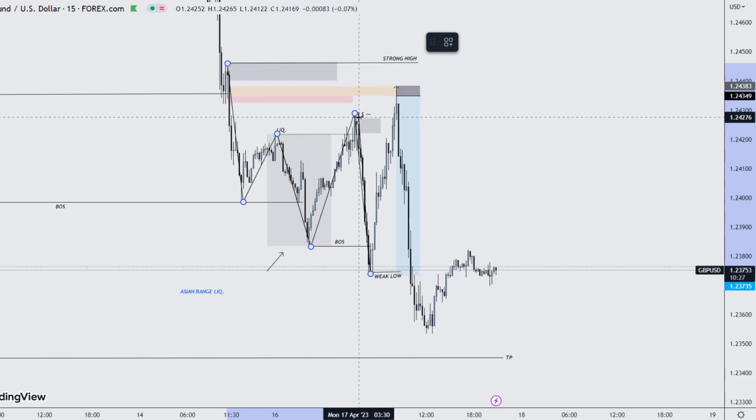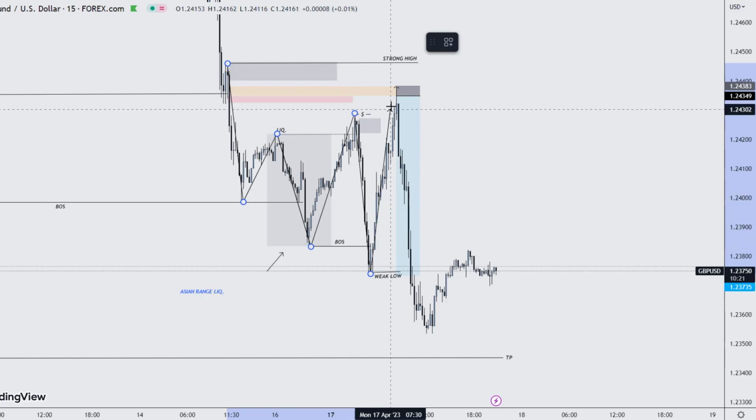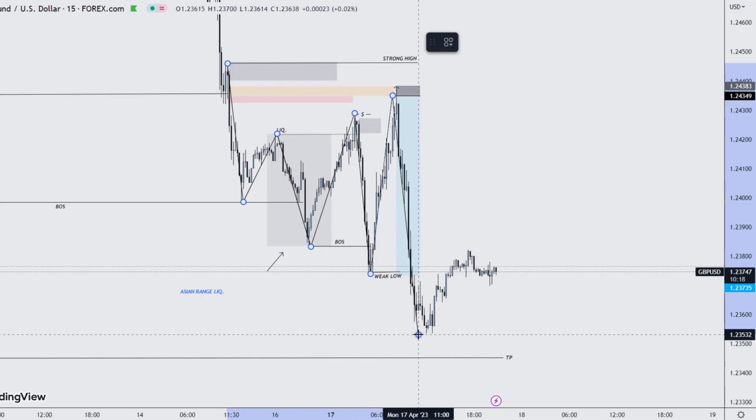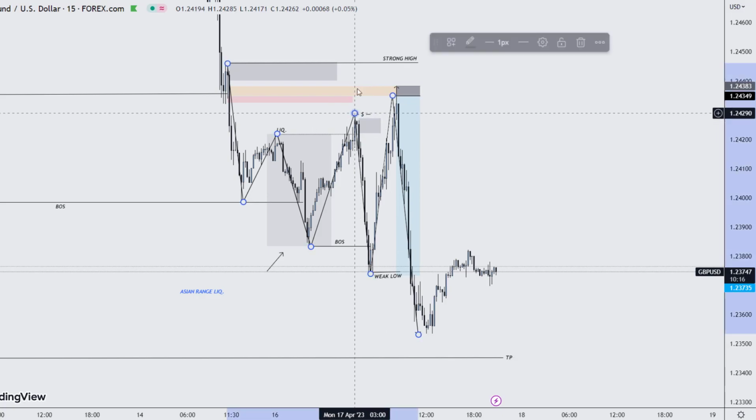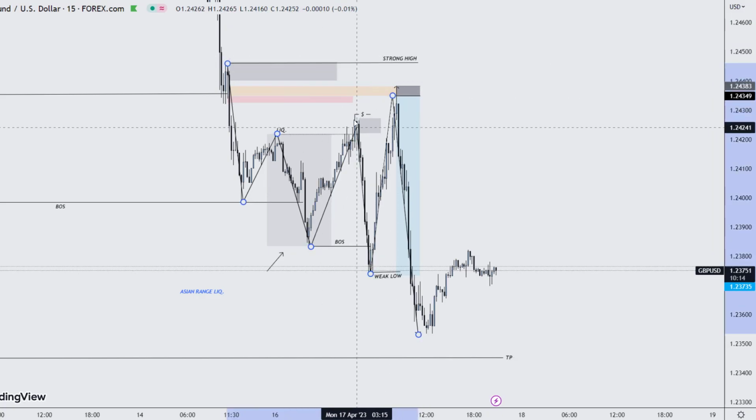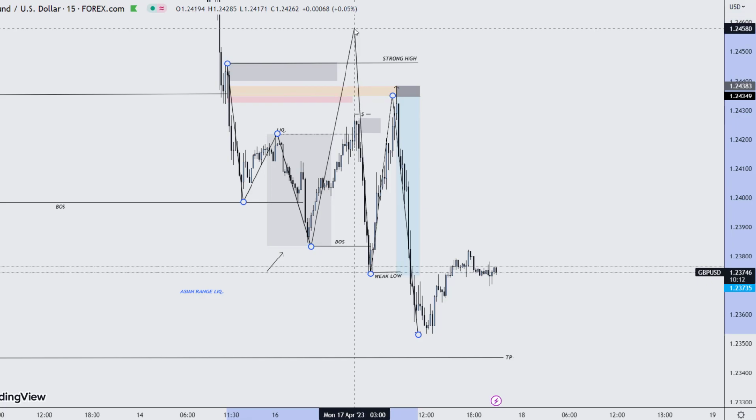After this short-term high gets taken out, because this high right here didn't come to create a higher high. This high right here did not come to clear this strong high. This high failed to create a higher high, right?